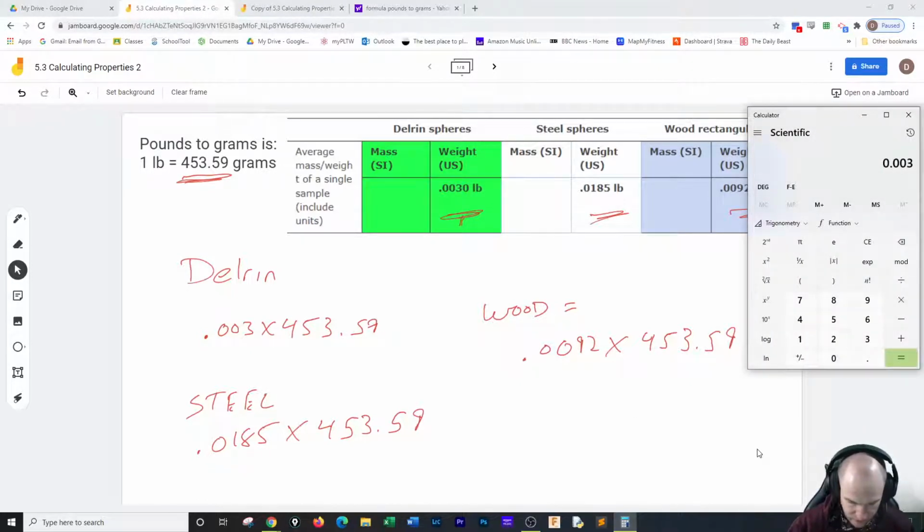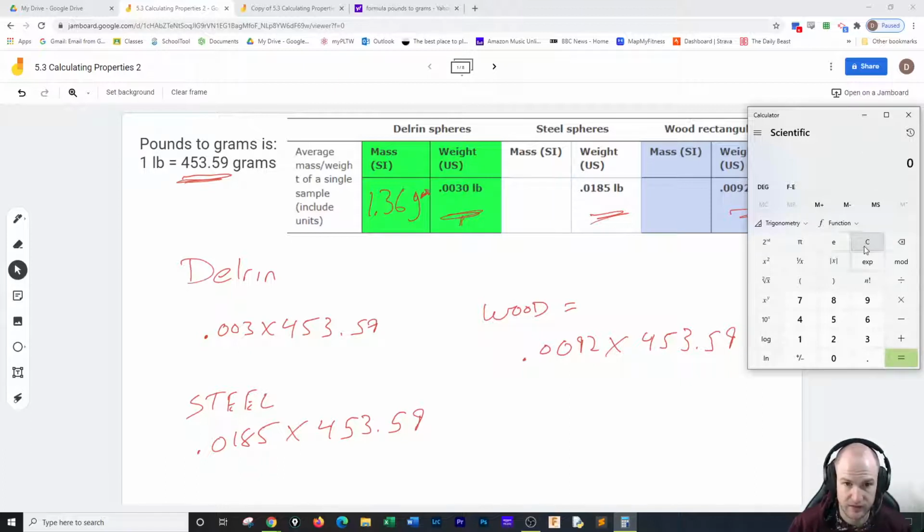So we'll start with 0.003 times 453.59, and we get 1.36. So that's what I'm going to put in, 1.36, and that's where I'll leave it. And that would, of course, be grams. Just put the G, grams.